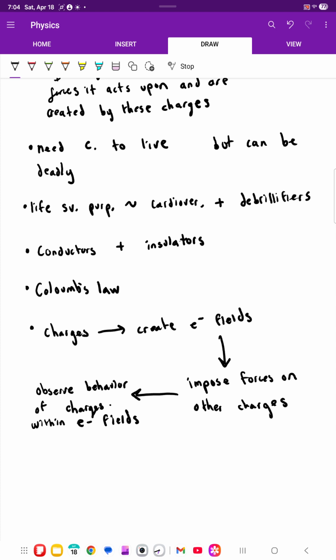In particular, we will note the motional behavior of these test charges inside the field in relation to the electric potential difference.